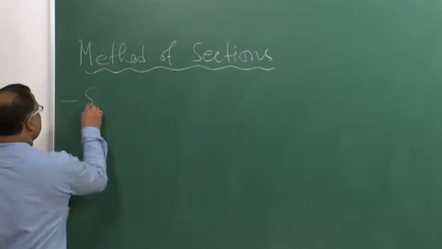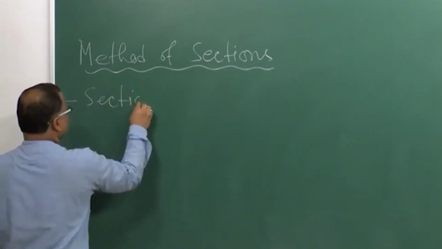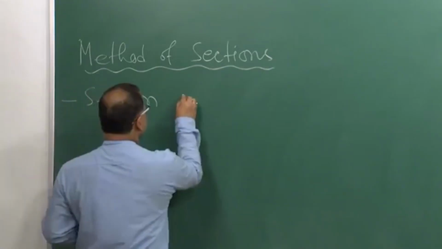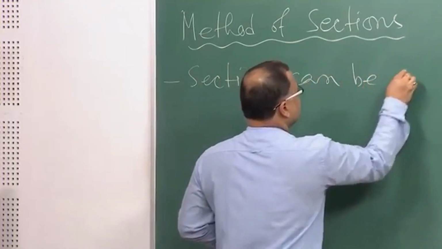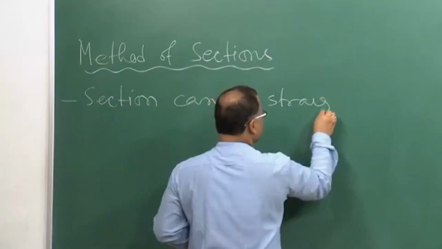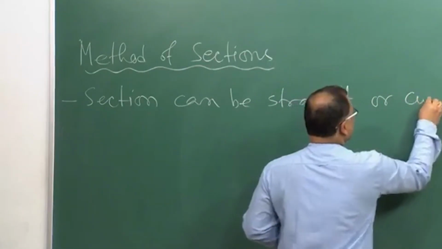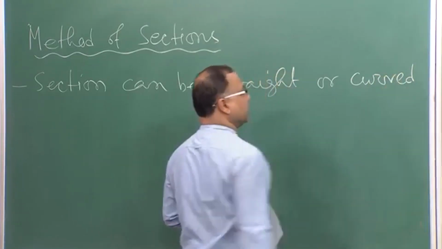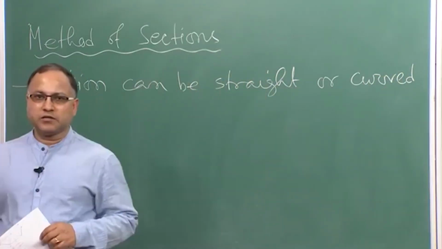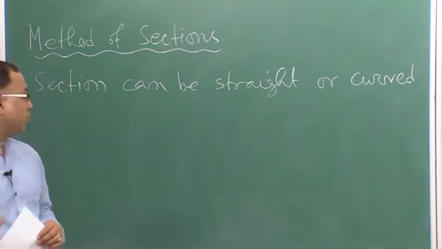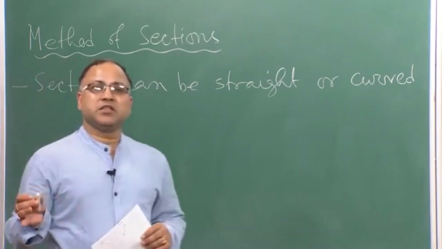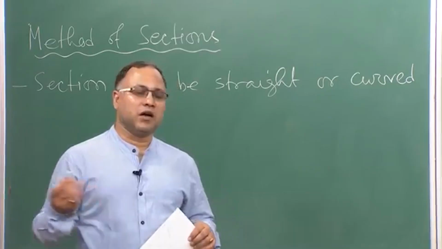The first one is that a section can be straight or curved. So, there is no restriction on how you choose the section. There are several guidelines for choosing the section, but a section can be a straight line or curved.